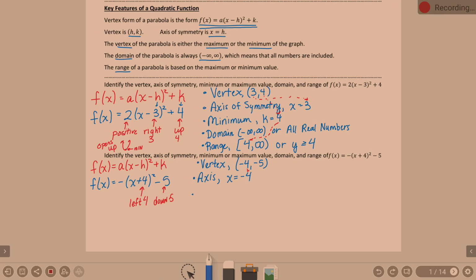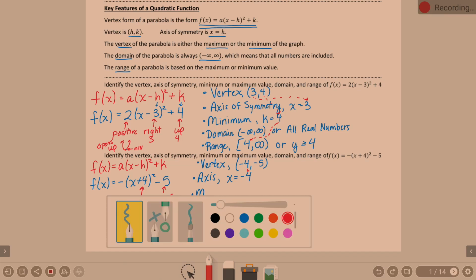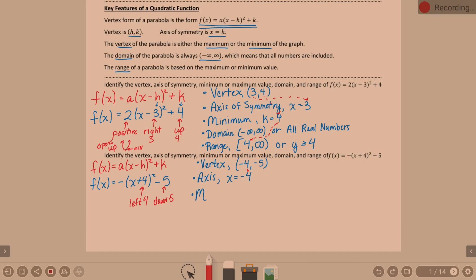Okay, next. I need a minimum or maximum, and we'll have to talk value. She says maximum. Do we agree? Yeah. Now, besides the fact the last one was a minimum, so it makes sense that Mrs. Sargent's going to give a maximum this time, what's the real reason that this is a maximum? Yeah. This number out front, my A value out front is negative.